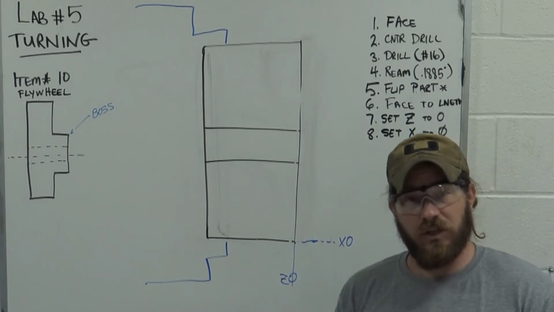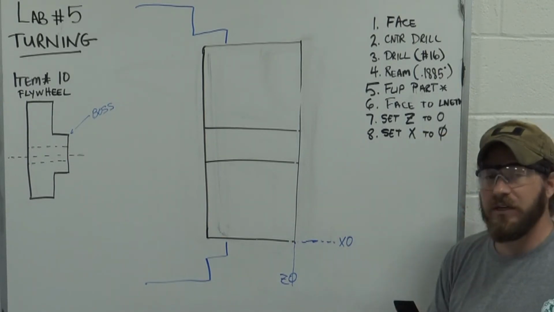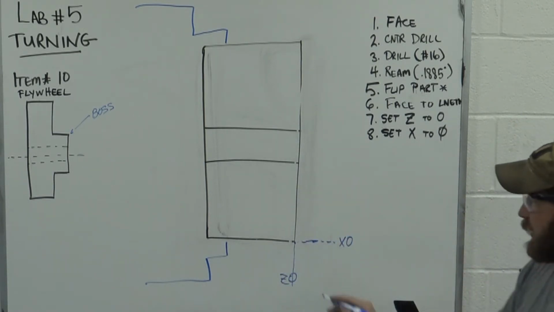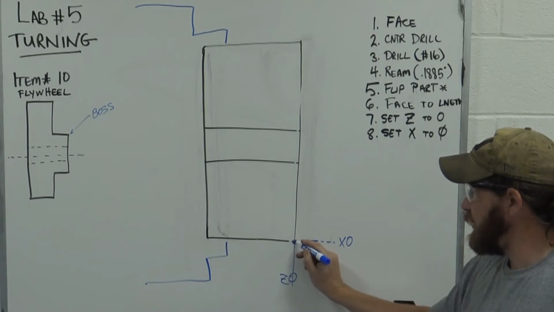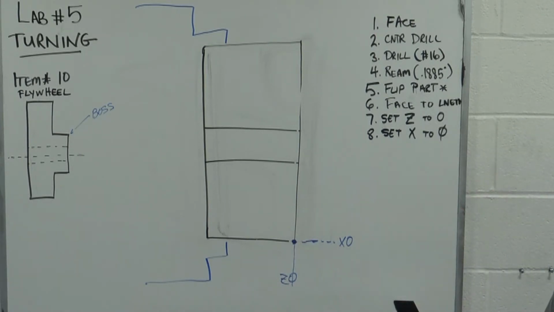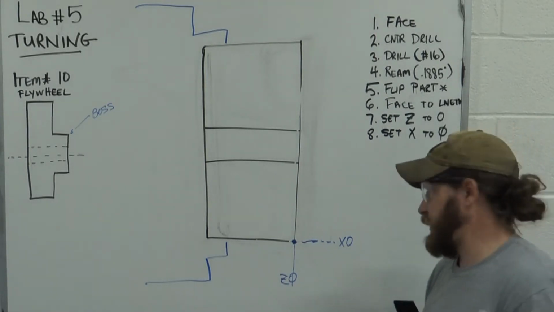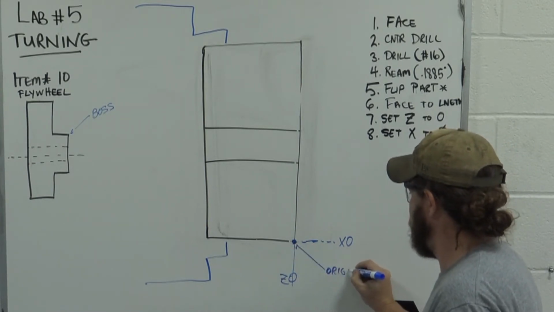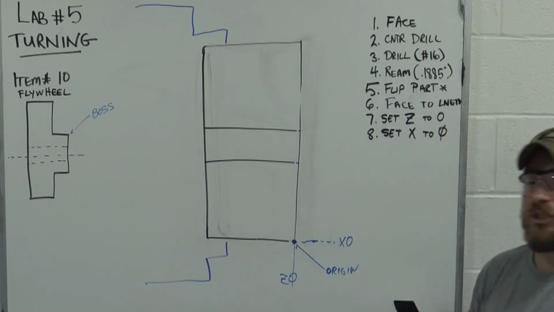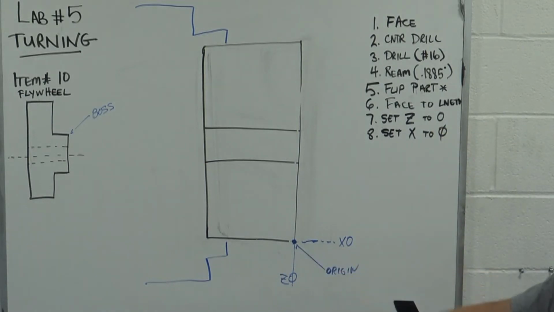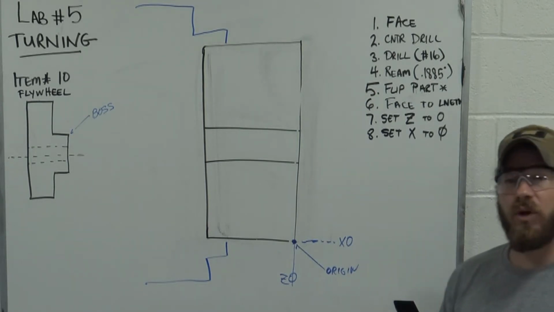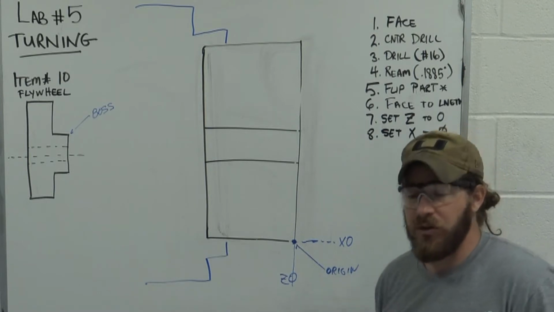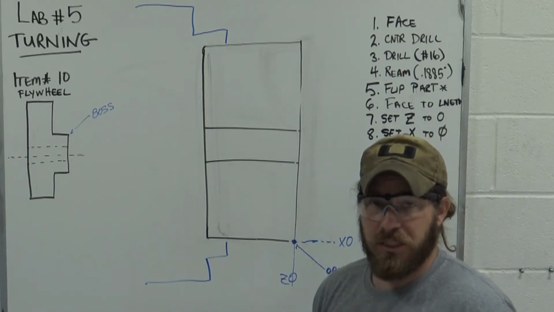So what have we done so far? Once we set our X and our Z to 0, we've gotten two reference planes. And right here, we've created what is called an origin. That origin is going to be our reference point for everything that we do going forward on this part.